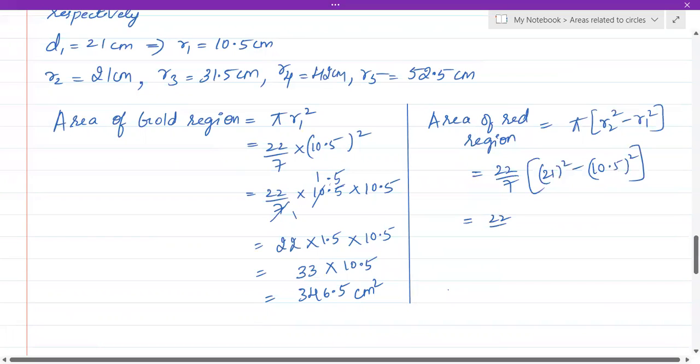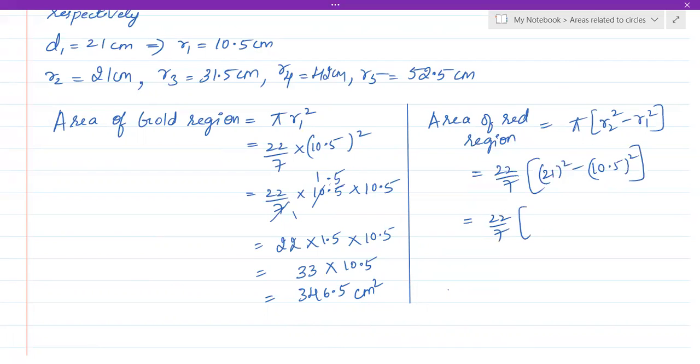So 22 by 7. Here a is 21 and b is 10.5. So a plus b into a minus b, 21 minus 10.5. So what do you get? 22 by 7. 21 plus 10.5 is 31.5 into 21 minus 10.5 is 10.5, isn't it?